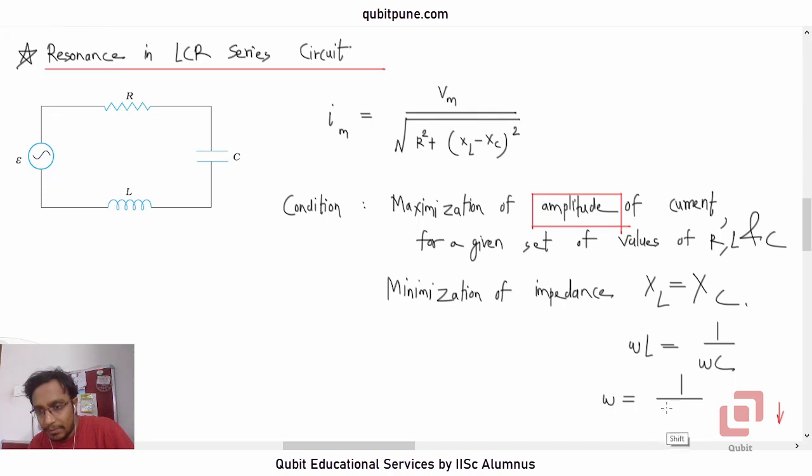This is the resonating frequency, correct? And that will maximize the amplitude of the current flowing through RLC series circuit. Is that clear? So the circuit will behave as if it were purely resistive, but well, it's not, because it also consists of an inductor and a capacitor.